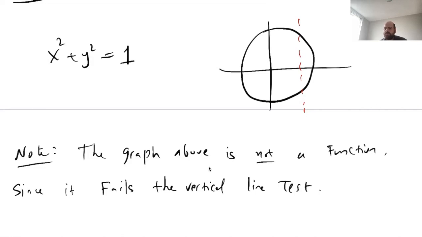So that's why, yes, it's not a function, but we might still be interested in this graph, or in finding the equation of the tangent line. So we still want to have a calculus. We still want to know how we can differentiate it or find the equation of the tangent line, even if the curve is not a function.